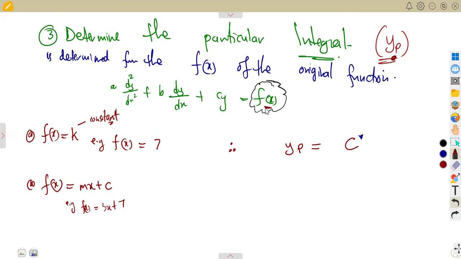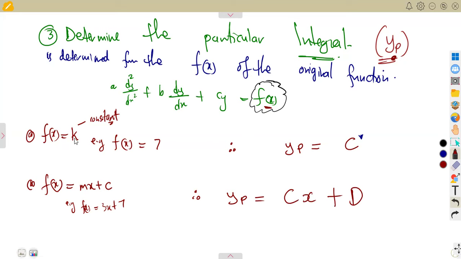In this manner, your particular integral is going to have the same format as a linear, but we maintain the constants c, d, and so on. So it is going to be cx plus d. These are the constants to be found.